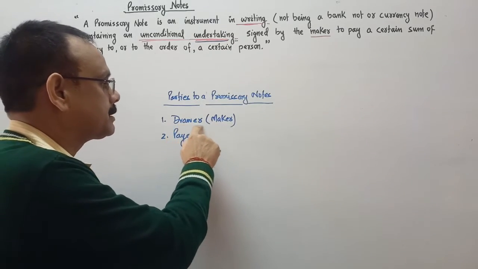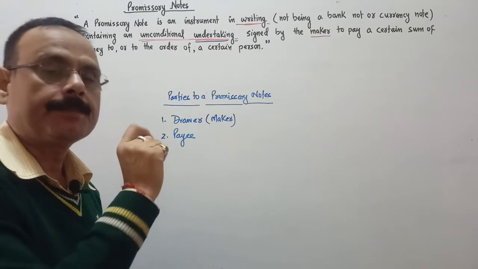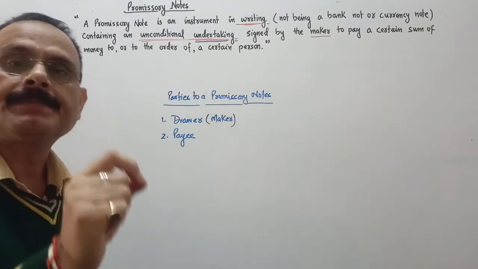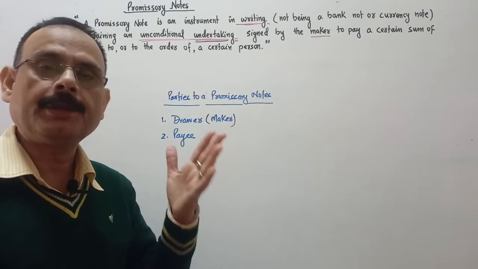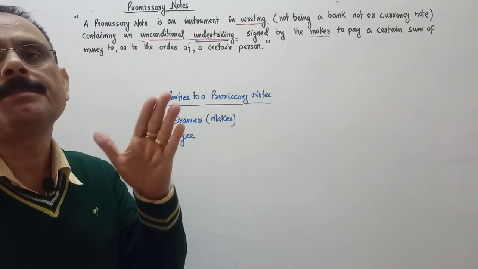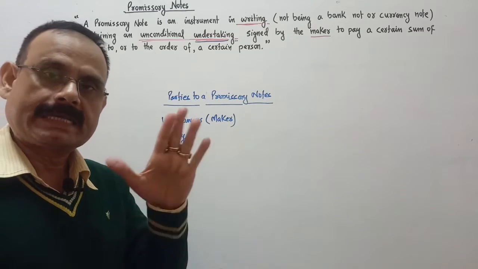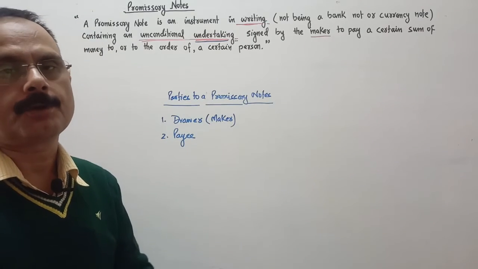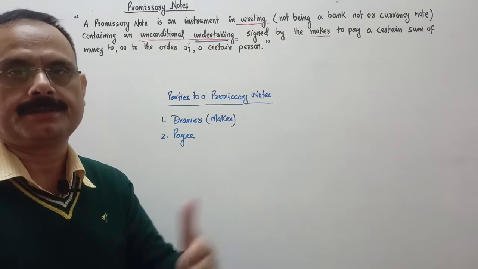So the maker is the customer, the debtor, and the payee is the person who receives the amount of the bill. Who will be the payee? The payee will be the seller. The creditor will be the payee of the bill because the creditor will get the amount. The seller will get the amount of the promissory note after a specified time period.